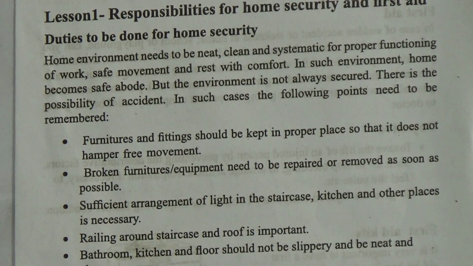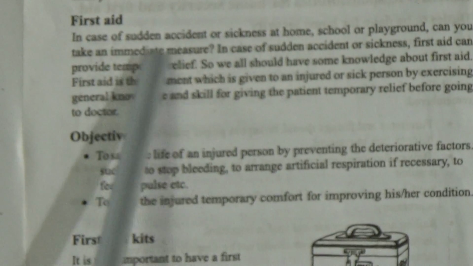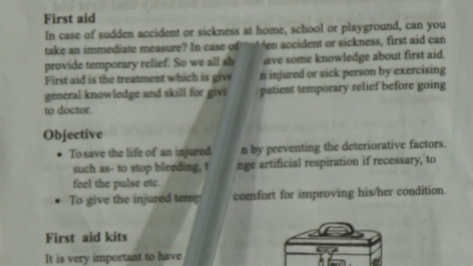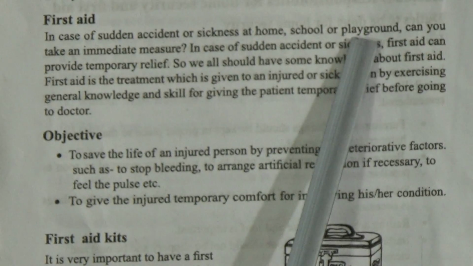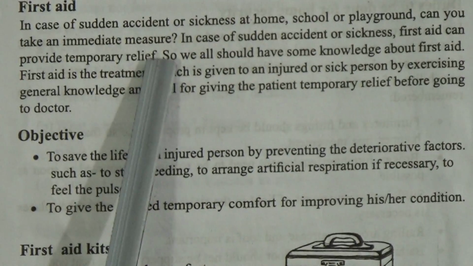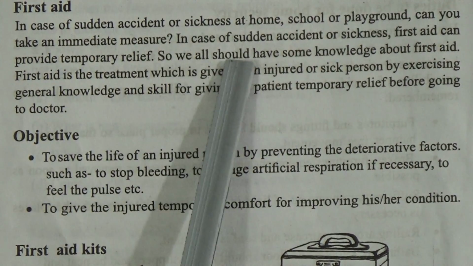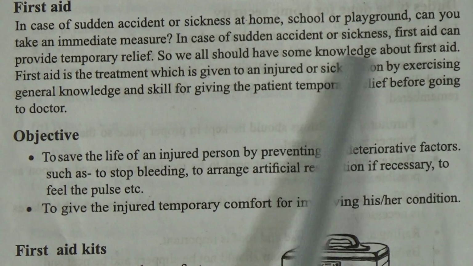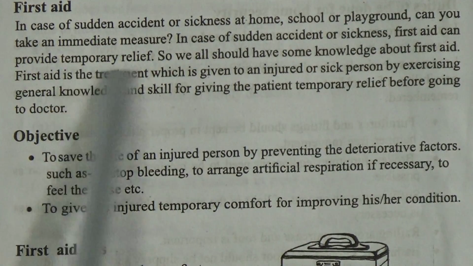Now go to page 14. Here we will learn about the first aid box. In case of sudden accident or sickness at home, school or playground, can you take an immediate measure? In case of sudden accident or sickness, first aid can provide temporary relief.